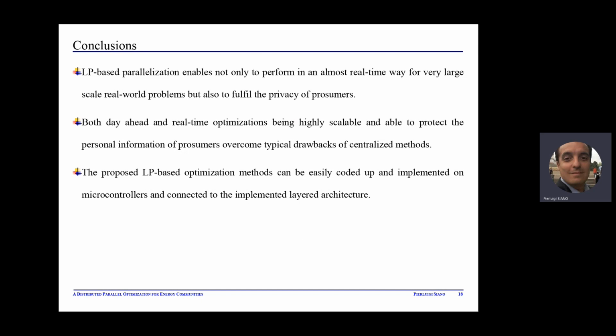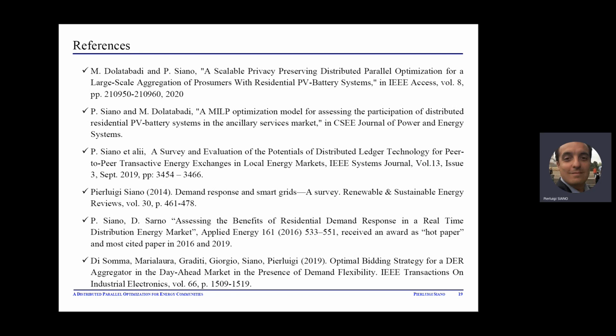Both the real-time optimizations, being highly scalable and able to protect the personal information of prosumers, overcome typical drawbacks of centralized methods. The proposed linear programming-based optimization methods can be easily coded up and implemented on microcontrollers and connected to the implemented layer architecture. Here there is a list for further selected readings on this topic.